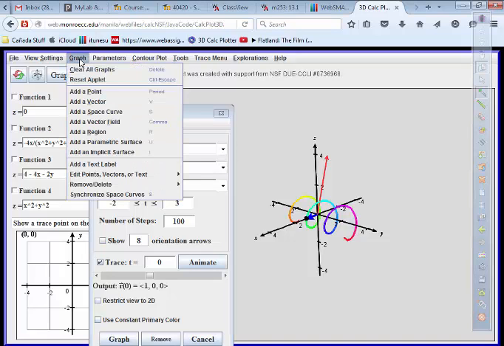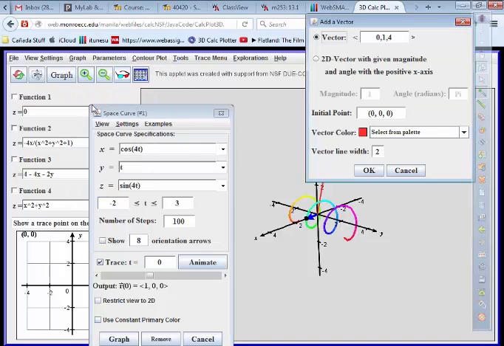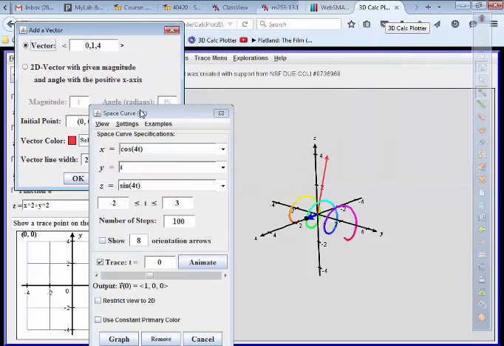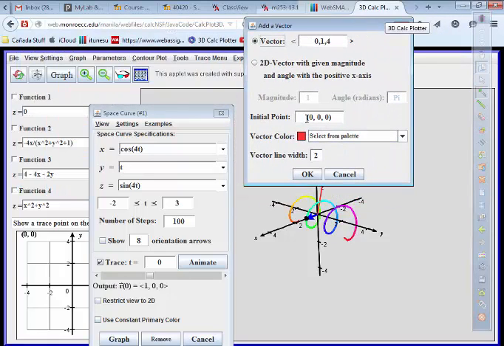But if we take that vector, remember a vector is just something with a direction and magnitude, and it could be placed anywhere. So what if instead of having the initial point at 0, 0, 0, I move that vector to where my point is on the graph right now? Where is that point on the graph?